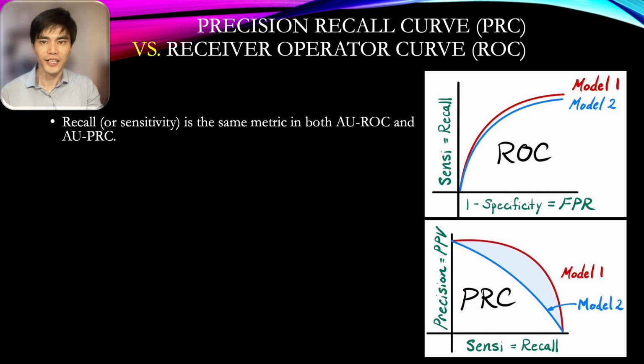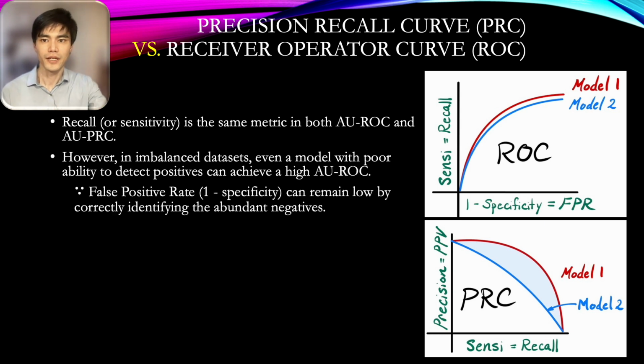Recall, the sensitivity, is the same metric for both ROC and precision recall. However, in an imbalanced data set, even a model with poor ability to detect positives can achieve a high area under the receiver operator curve. That is because the false positive rate, 1 minus specificity, can remain low by correctly identifying the abundant negatives.